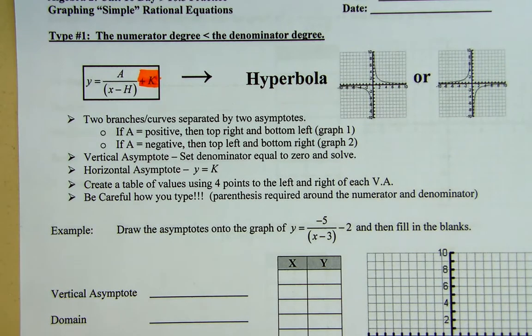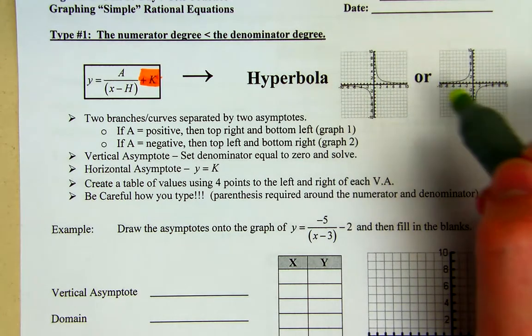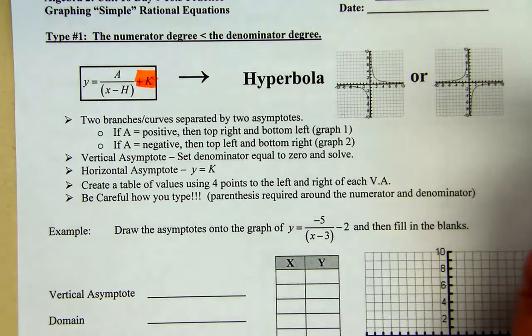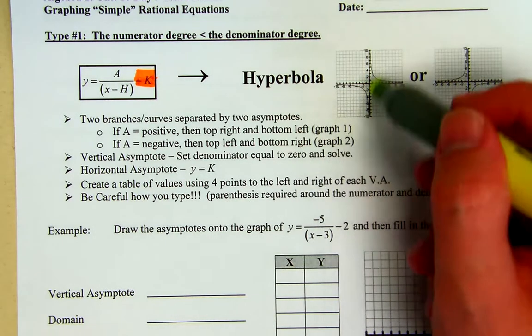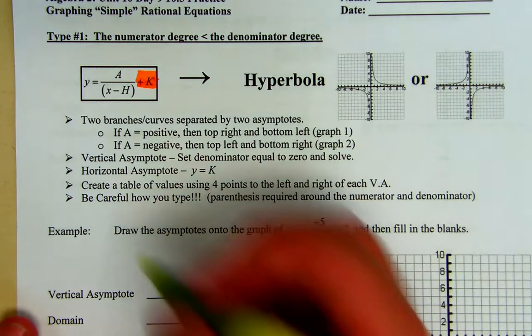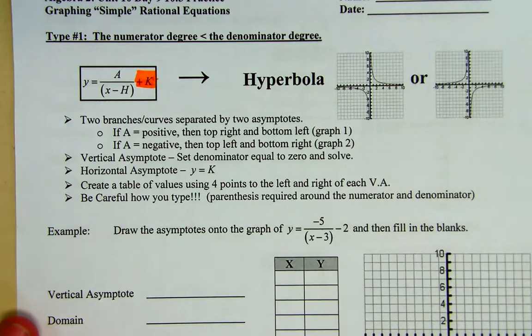So let's kind of review here. We had two branches. That's our two graphs. That's a basic hyperbola. Again, if a is positive, then it looks like graph 1. If a is negative, it looks like graph 2. Our vertical asymptote, we're going to set the denominator equal to 0 and solve.